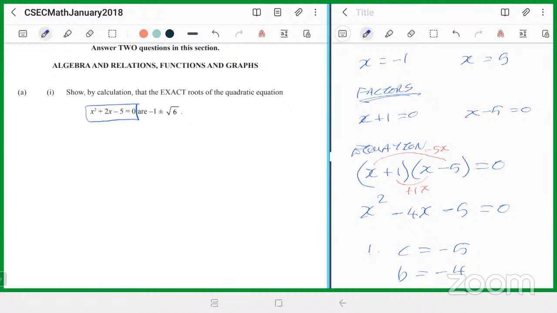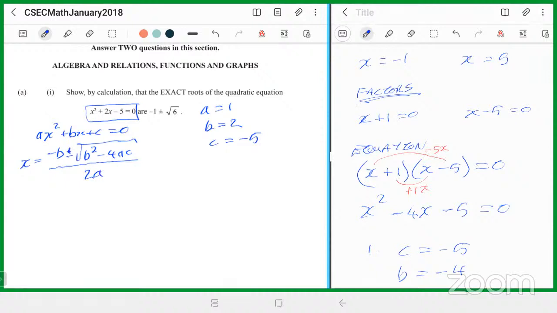So there's a quadratic formula we have to use. In this one, A equals 1, B equals 2, and C equals -5. By the quadratic formula, if the equation is in the form ax squared plus bx plus c equals 0, then the roots are x equals minus b plus or minus the square root of b squared minus 4ac, everything upon 2a.